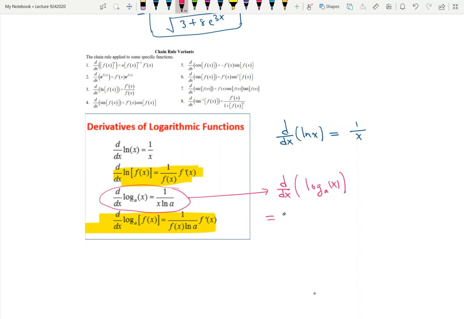So what we can do, we can change the base and rewrite this one as log base a of e times ln of x.